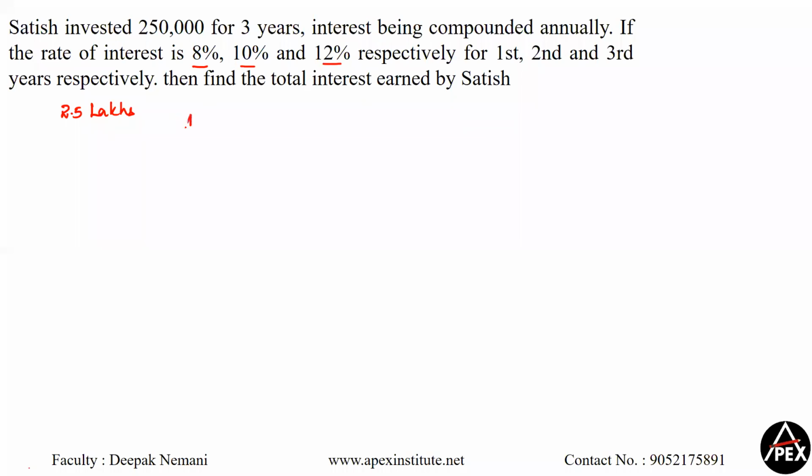Now let us consider the first year. The principal is 2.5 lakhs. So the amount at the end of the first year will be 2.5 into 1 plus 8 by 100, isn't it?